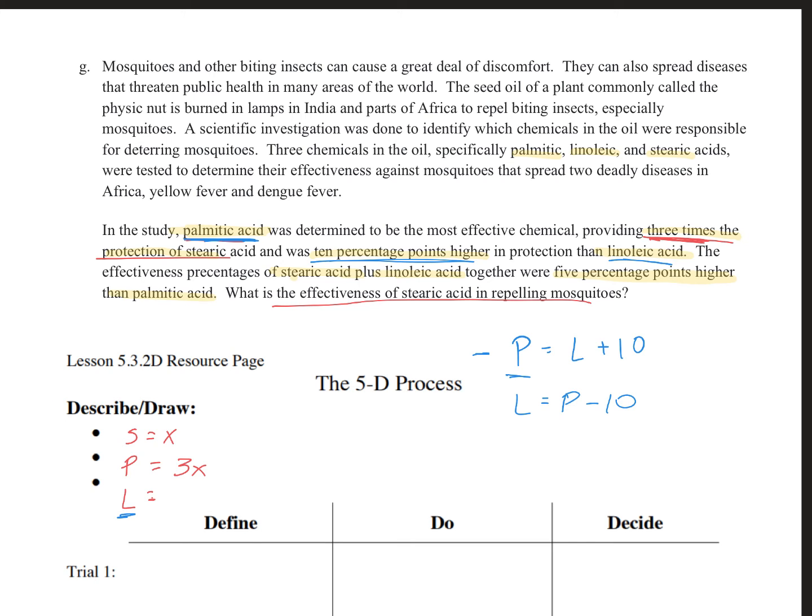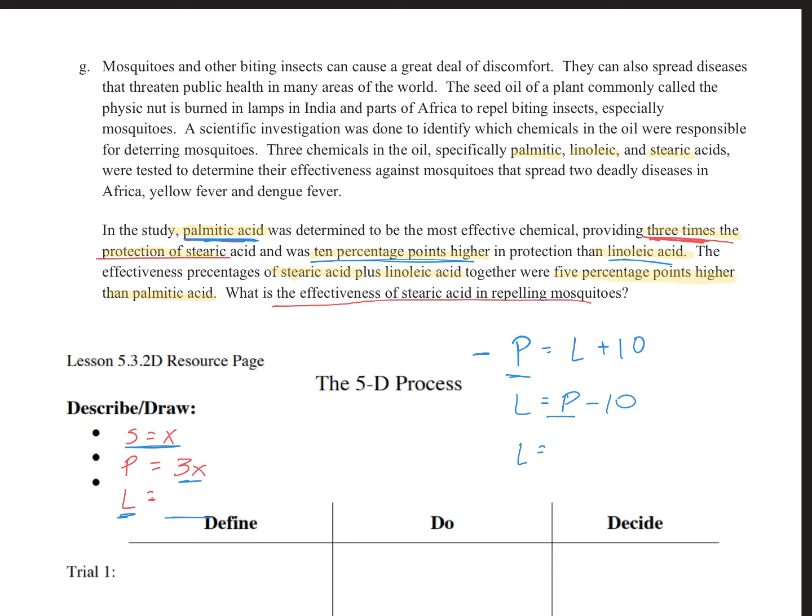But again, I am trying to plug in a number for S and then find P and L. If I know what S is, I can't just plug S into this equation because I don't have an S in here. So I need to rewrite L with S instead of P.